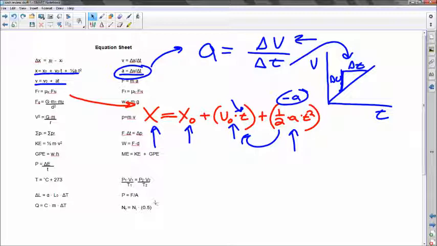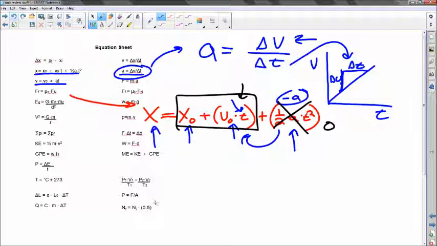And this last part tells you how far you're going to go because of your constant velocity. Of course, if the acceleration ends up being 0, then this whole part cancels out because 0 times all of that is 0, and you're left with just this part, which tells us how far an object goes at a constant velocity. That makes sense, because if your acceleration is 0, then your velocity is constant.